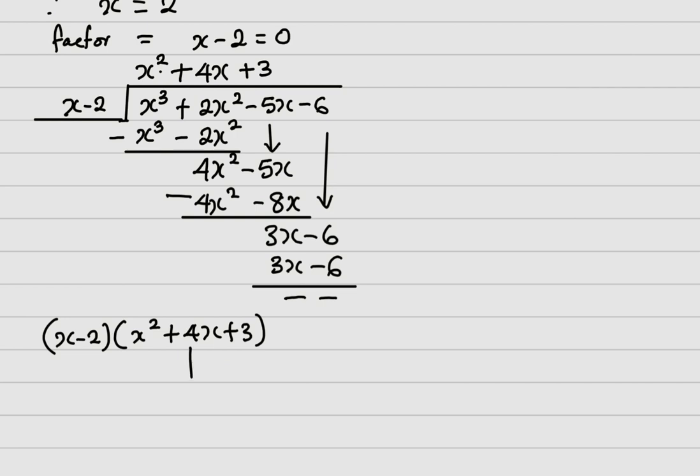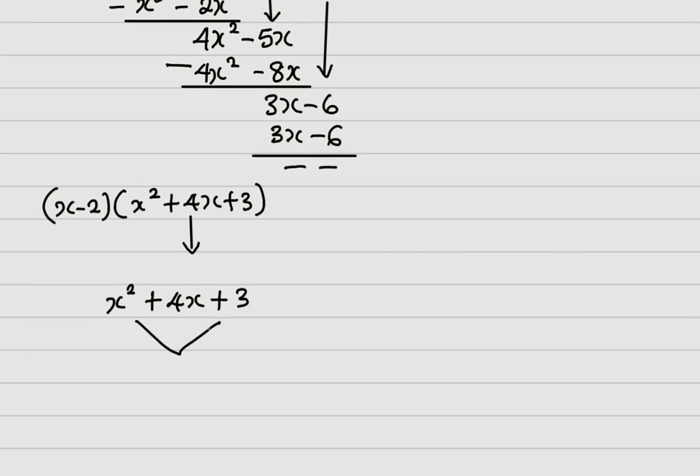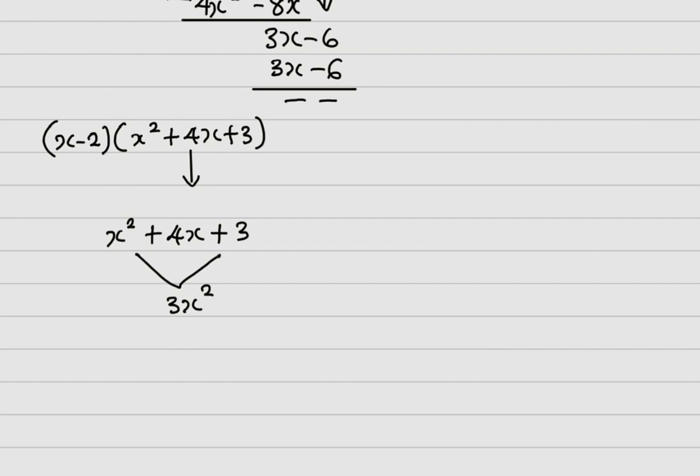So I'll factorize this further. Now factorizing it, remember your quadratic factorization method of solving quadratic equations. That is what I'm going to be using. Remember, we said you pick two numbers that multiply to give 3x squared, and when you add, give you plus 4x.